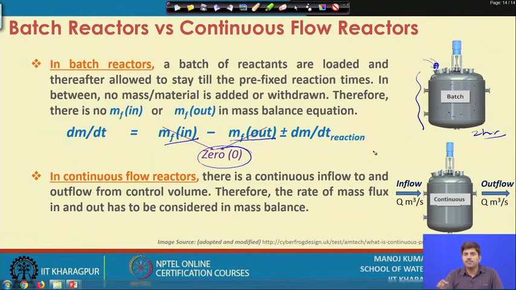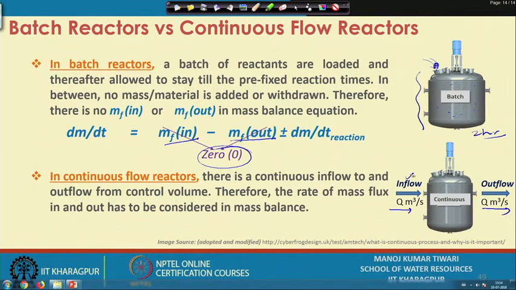These types of systems are called batch systems or batch reactors, while a continuous flow reactor is one where there is a continuous inflow and outflow from the system. So, let us say this reactor has an inflow coming into the system and a continuous outflow taking material out of the system.